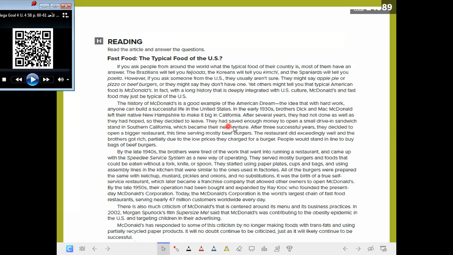They had saved enough money to open a small drive-in sandwich stand in Southern California, which became their next venture. After three successful years, they decided to open a bigger restaurant, this time serving mostly beef burgers. The restaurant did exceedingly well.